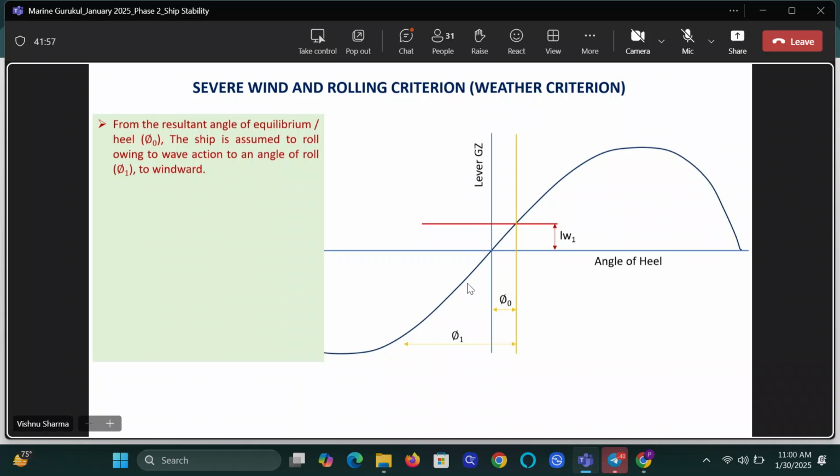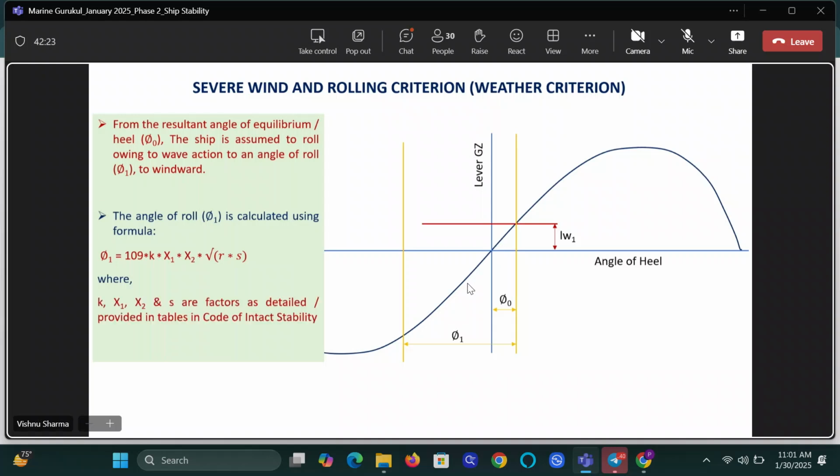That means, you see from where phi 1 is marked, it's marked from phi 0 limit, and the vessel rolls this much because of the wave action. What will you write here? Phi 1 is calculated basis the formulae and tables given in the Code of Intact Stability. Right, guys? You don't have to learn what follows here, unless you are good at mugging up and you want to reproduce it, it's up to you. Clear, beta?